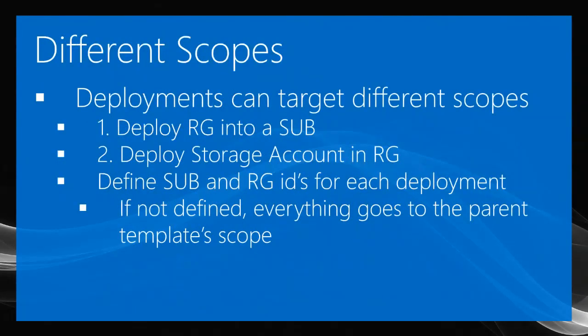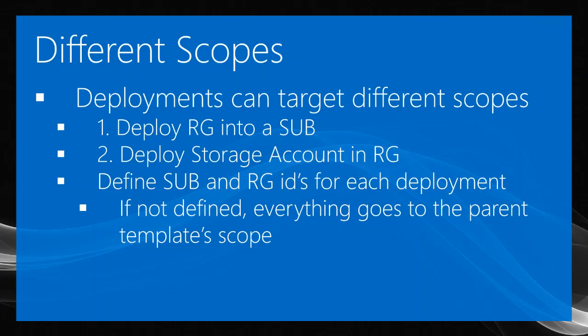Good. As I already mentioned, this gives you a little bit more flexibility compared to single template deployments in a traditional way, because you can now have multiple deployments scoped or targeted to different scopes. So for instance, you can now have a nested ARM template that in the first step deploys a resource group to a subscription.